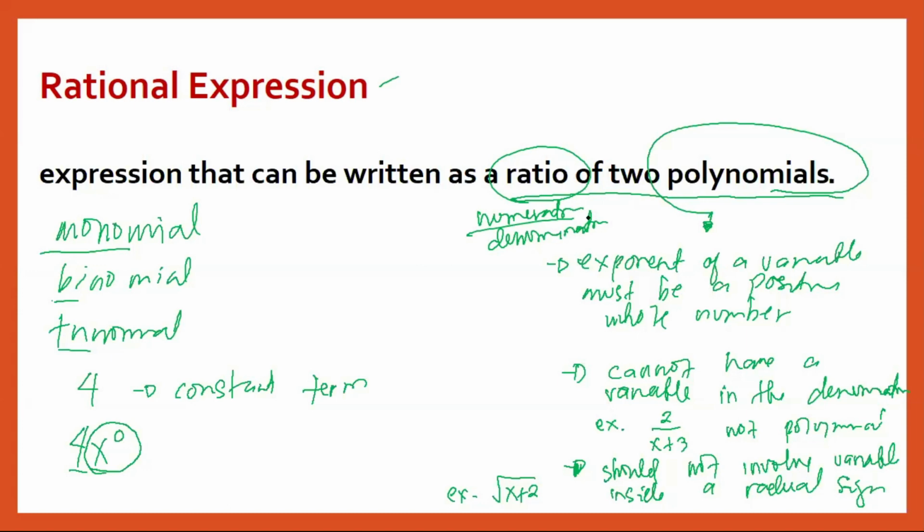Since it is mentioned that a rational expression is a ratio of two polynomials, we can say that 3 over 2x is, because 3 is a polynomial with a degree of 0. Then 2x is a polynomial with a degree of 1. So both the numerator and the denominator are polynomials.